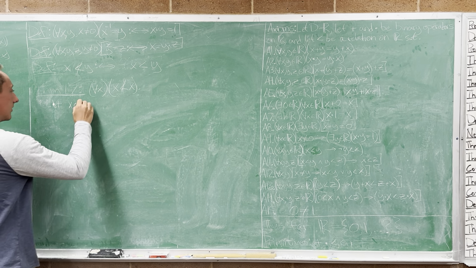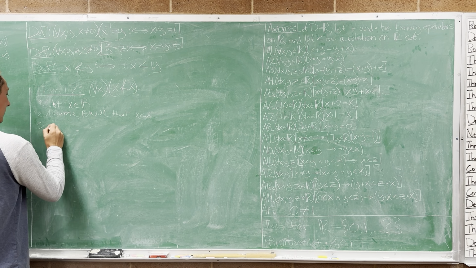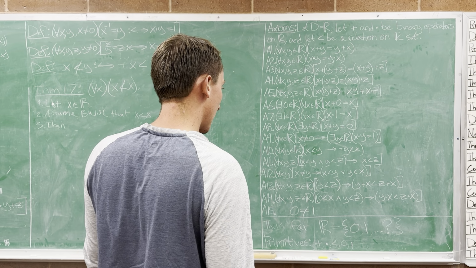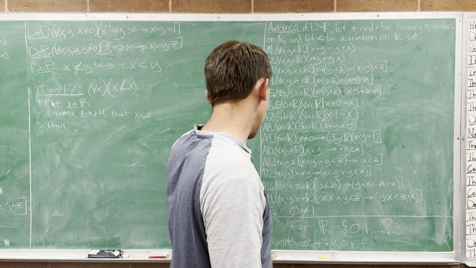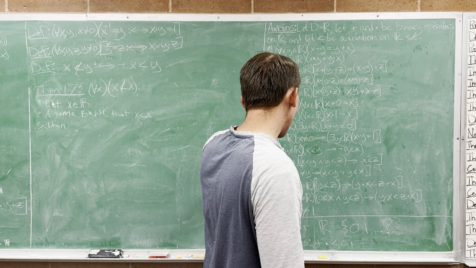So let x be an arbitrary real number. Assume by way of contradiction that x is less than x. All right, then what do we know? Isn't there an axiom that is supposed to be useful here? Is it 10? Does that help? I think so. Yeah, I think so too.